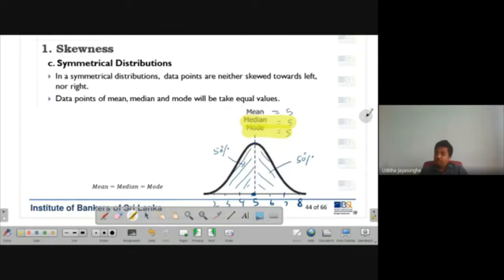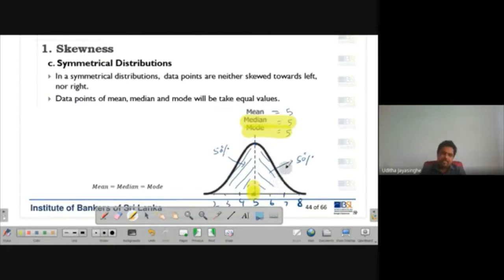Now, what do you call by the mean? Mean is nothing but you take the entire values sigma, the summation, and divide by the number of items. So you have 2s, 3s, 4s, 5s like this, and you can see a symmetry nature also. If you add this set of numbers and divide by 7, you are going to get 5.